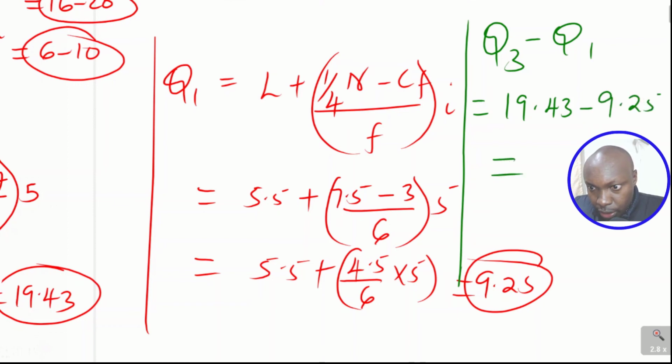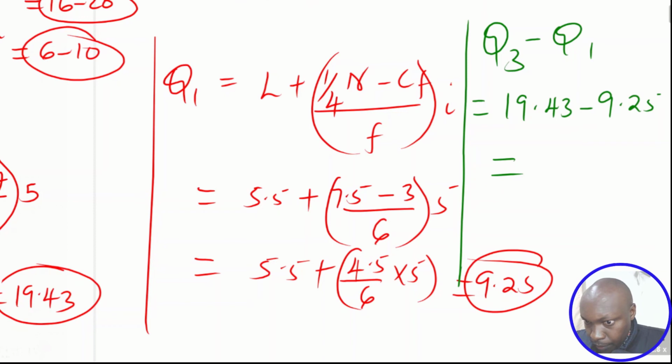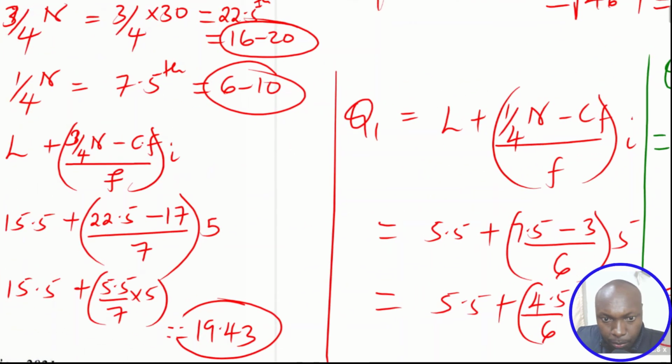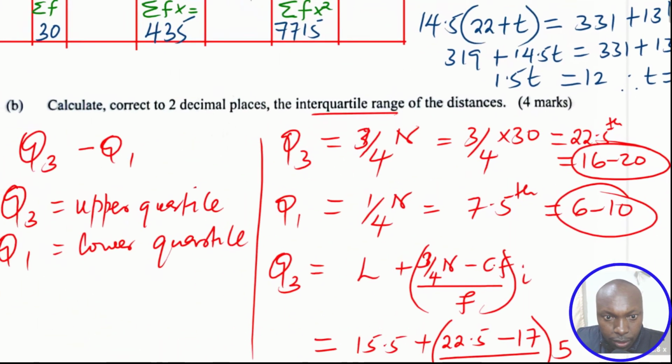So when you get this difference, 19.43 subtract 9.25, you get 10.18. That is the interquartile range, and that is simply how you are supposed to solve that question.